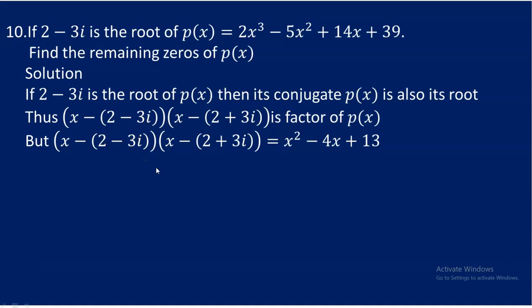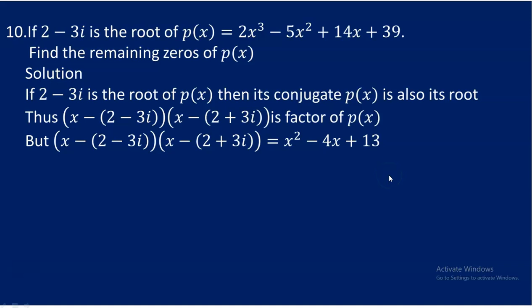Or you can directly multiply: 2 times 2 makes 4, and negative 3i times positive 3i makes minus 9i squared, but since i squared is negative 1, the negative 9 turns to positive 9, and 9 plus 4 makes 13.